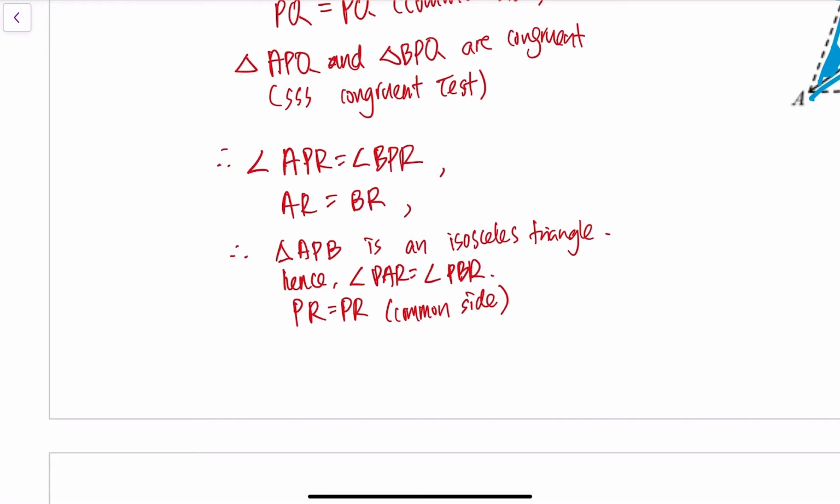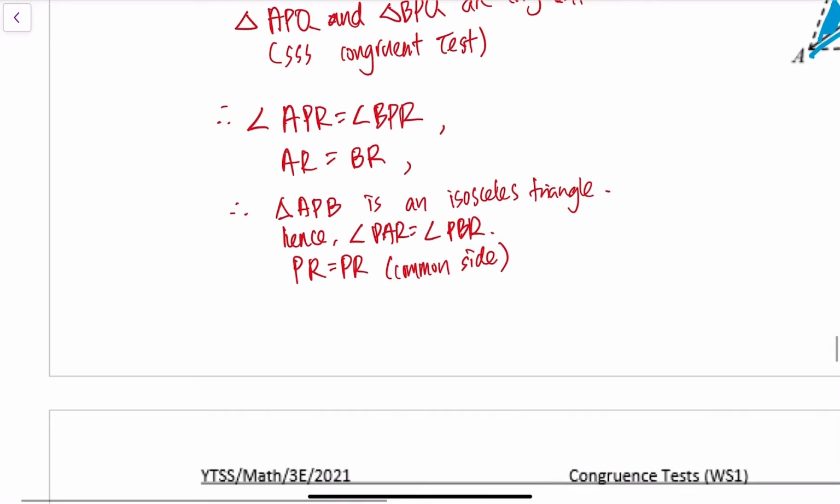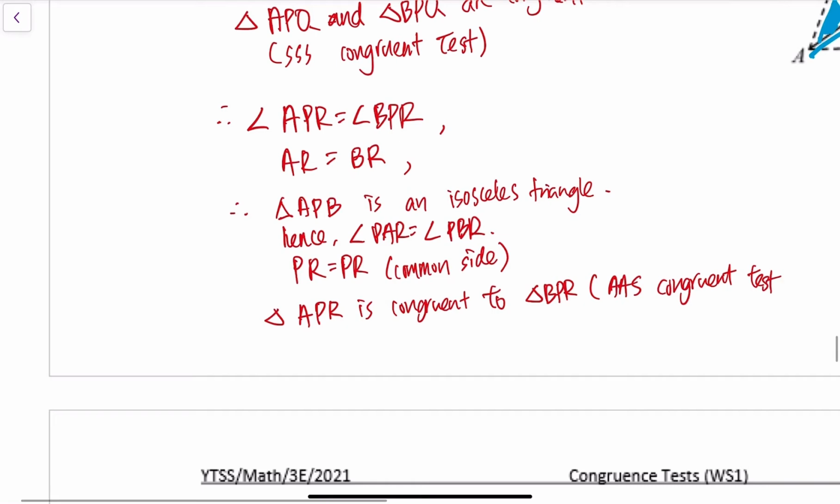Once I show that it is a common side, I can then prove that triangle APR is congruent to triangle BPR. This will be my AAS congruent test.